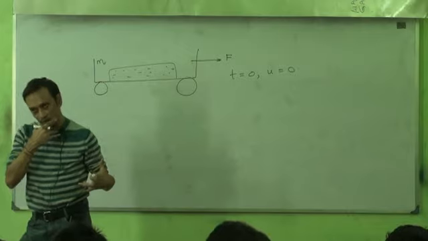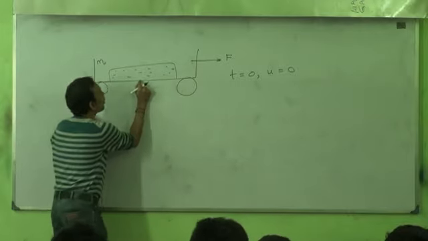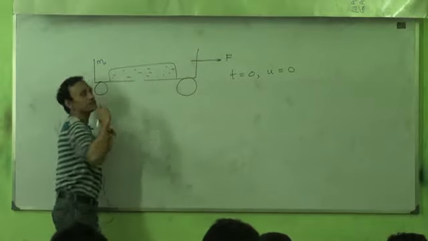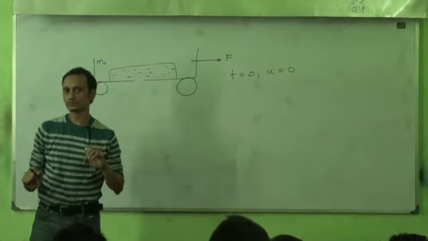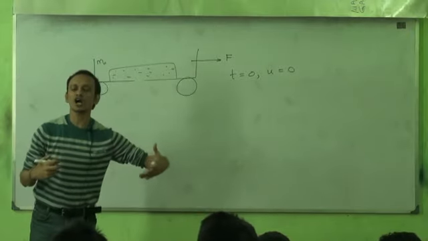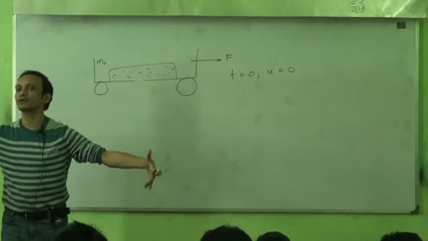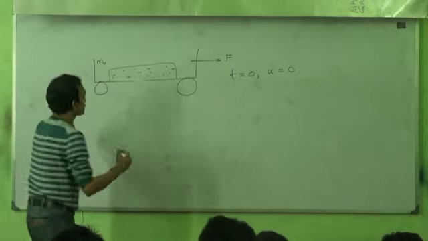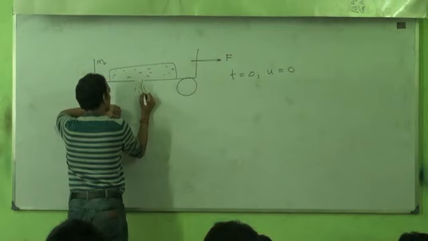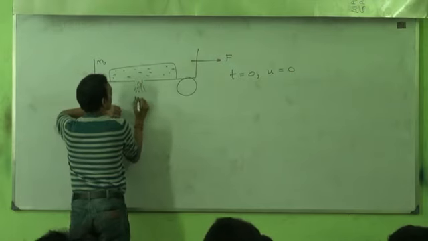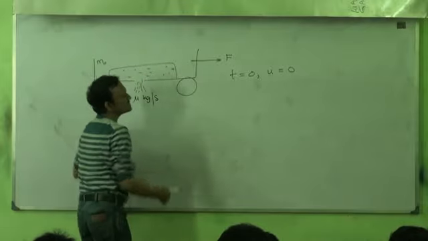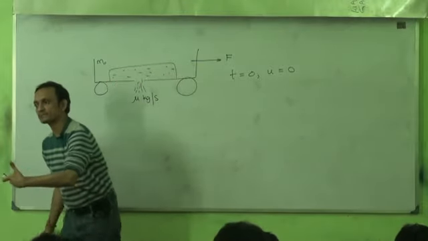And there was a small orifice produced here, discharging sand vertically downwards at the rate of mu kilograms per second.